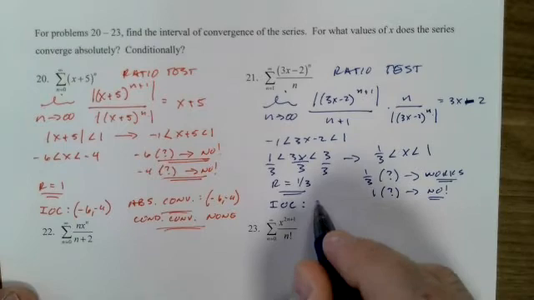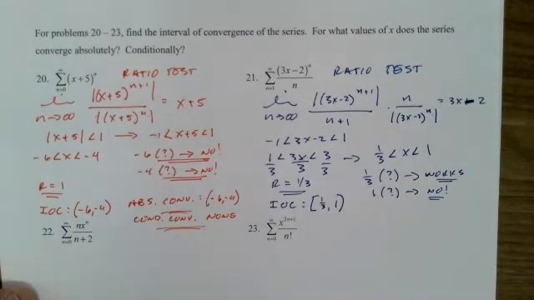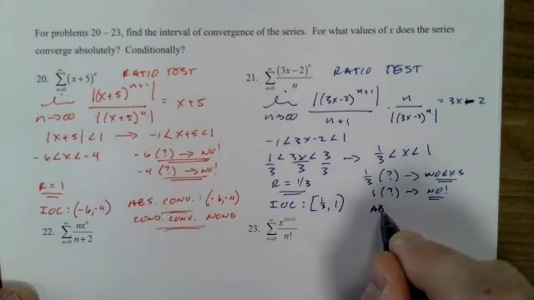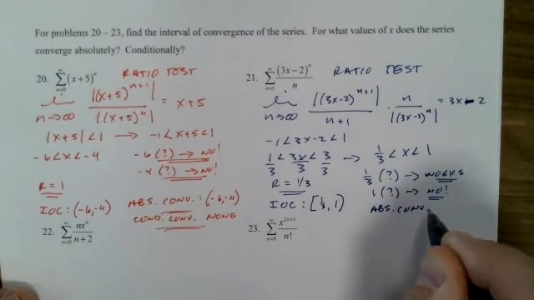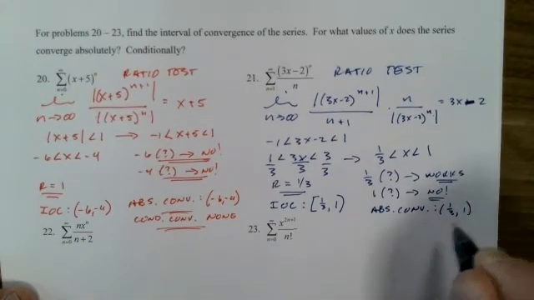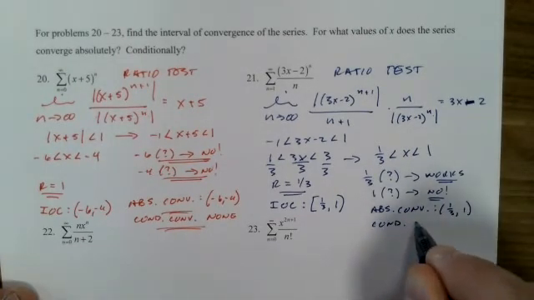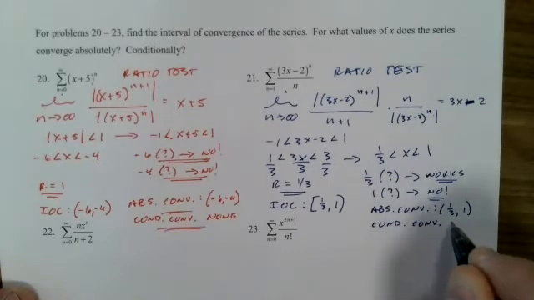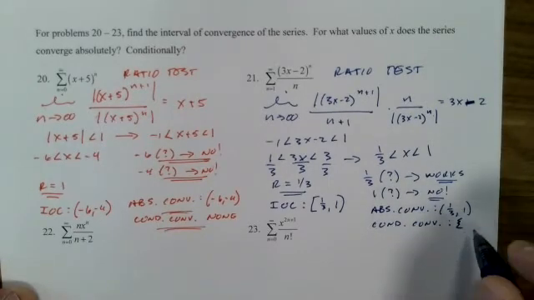IOC is 1/3, 1. Absolutely convergent 1/3 to 1. Conditionally convergent at 1/3.